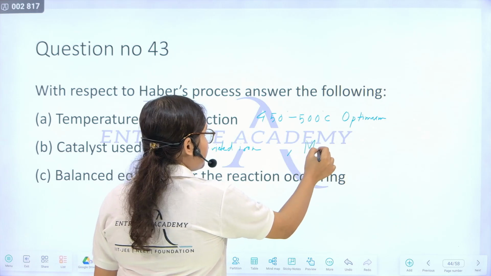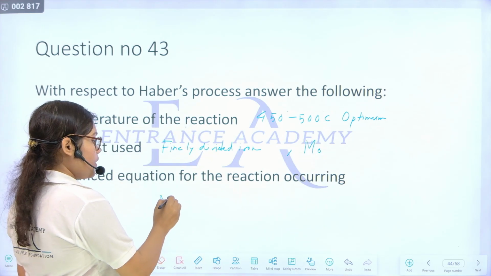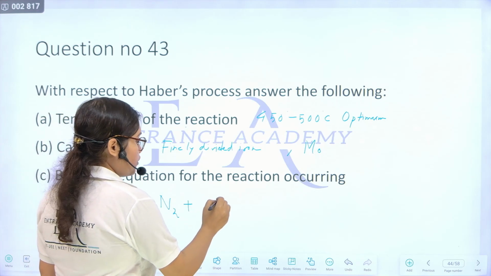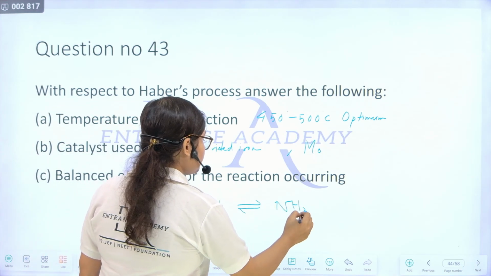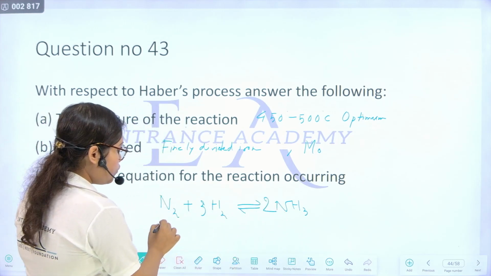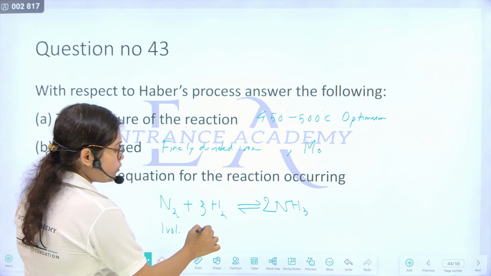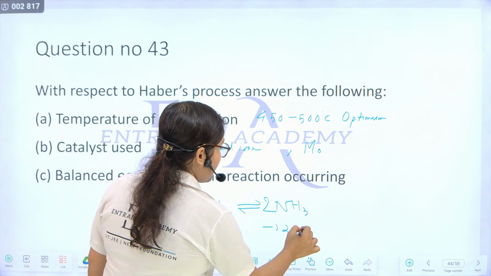The balanced equation of the reaction: nitrogen and hydrogen, reversible, gives ammonia. 1 volume of nitrogen and 3 volumes of hydrogen give 2 volumes of ammonia gas.